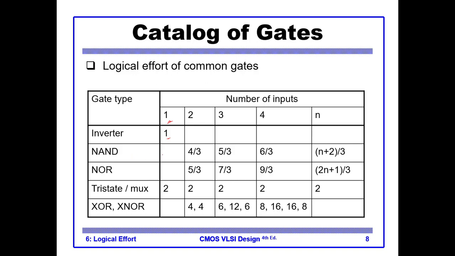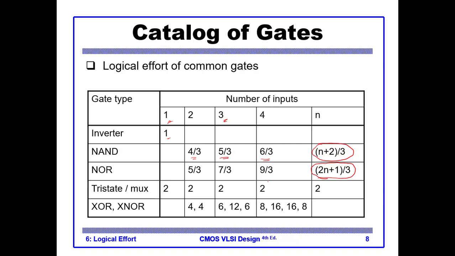If we consider NAND gate, it is 4 by 3; if the inputs are 3, then it is 5 by 3, then 6 by 3, and for n inputs the logical effort of a NAND gate is n plus 2 divided by 3. Similarly for NOR gate it is 2n plus 1 divided by 3. And there are other gates. If you want, you can draw these gates and calculate the logical effort for your understanding.